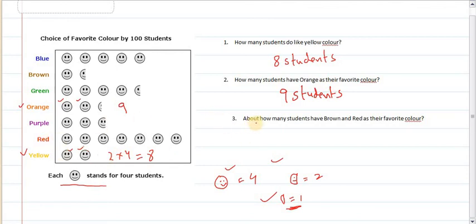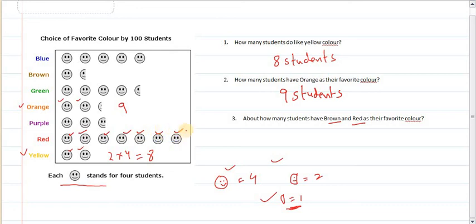And then, how many students have brown and red as their favorite color. So here is the red one first. For red, the total number of pictures is 1, 2, 3, 4, 5, 6, 7.